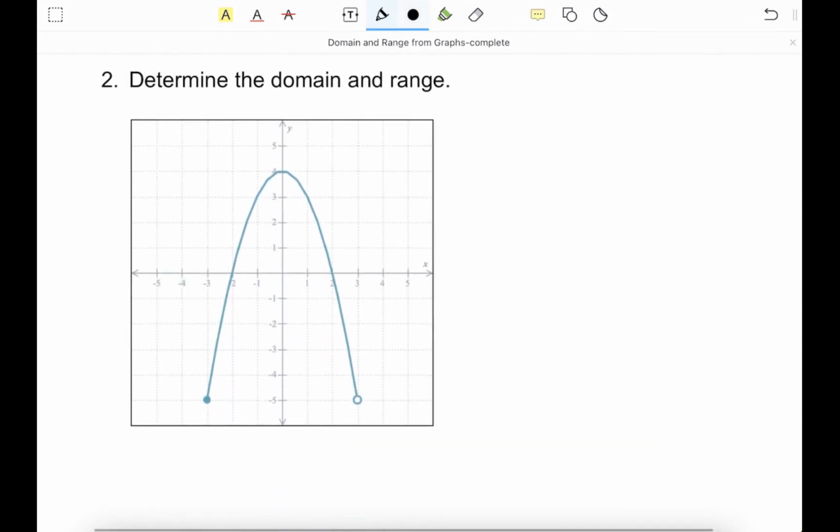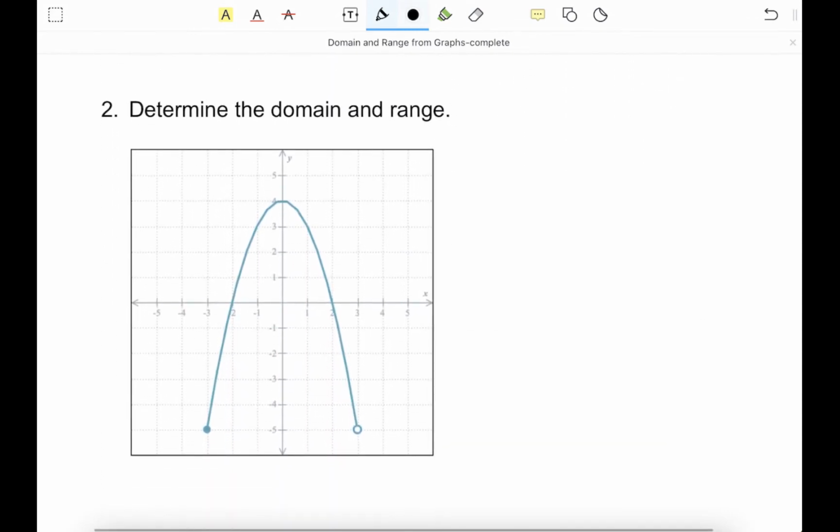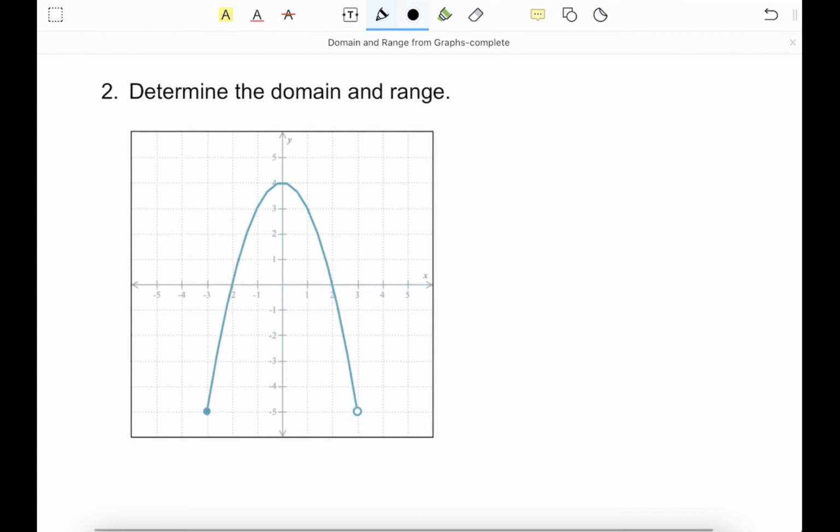Okay, looking at this one, for the domain and range, I'll write it in interval notation. Domain is the set of x values, so the leftmost x value is right here at -3, so I'll include -3.